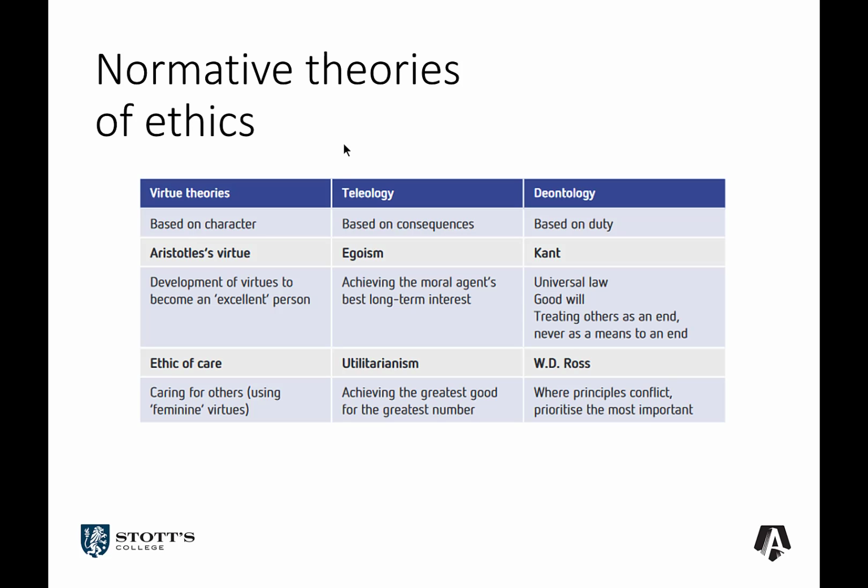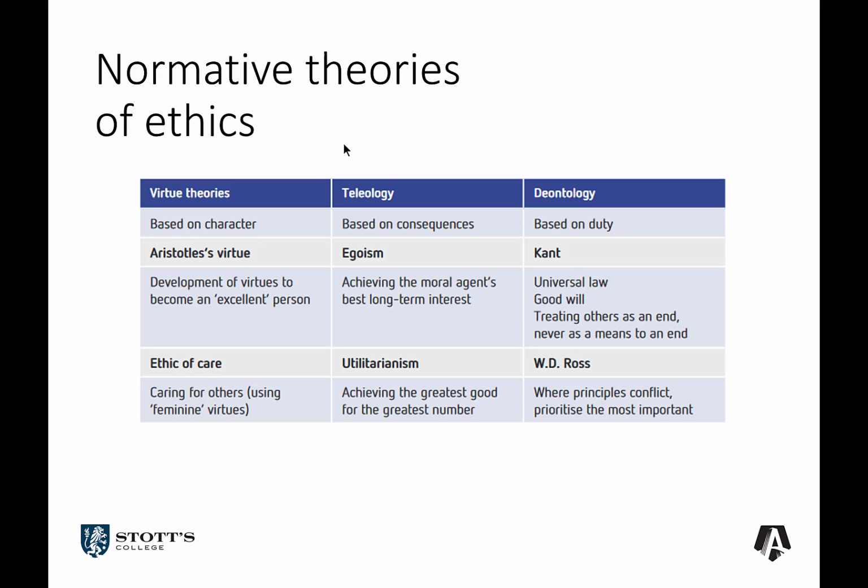The second set of normative theories is, I always have trouble saying this, teleology. Teleology is based on consequences. You do something and there's a consequence. There are two theories within teleological theories.